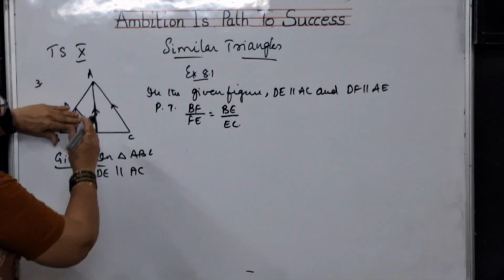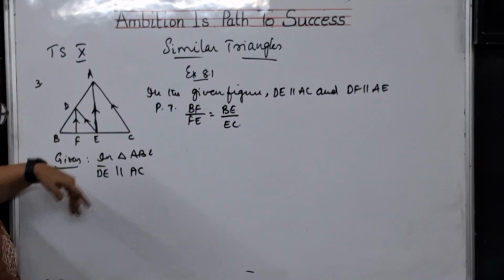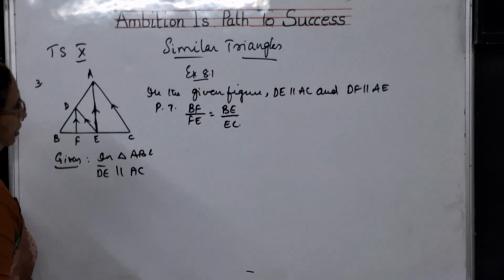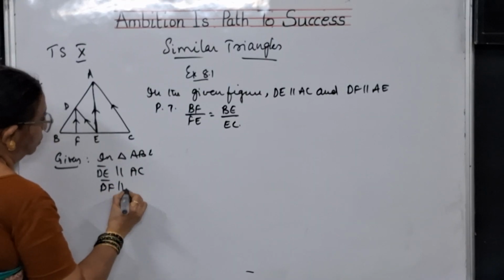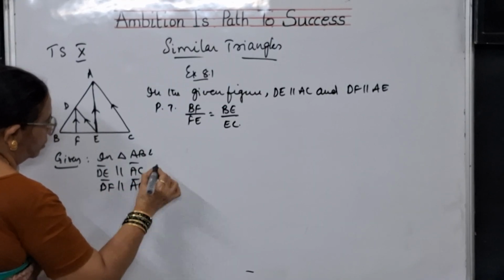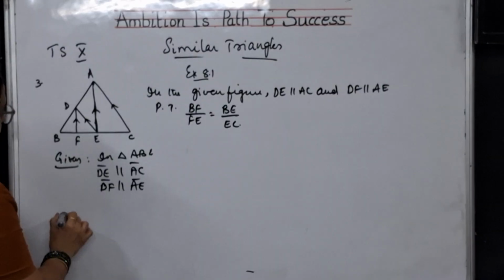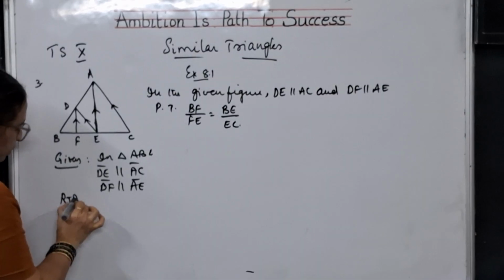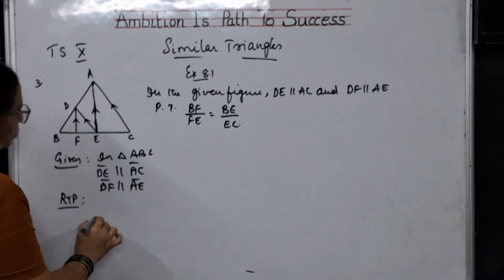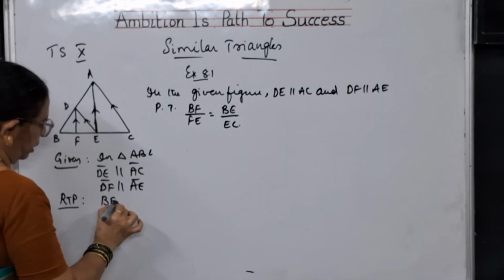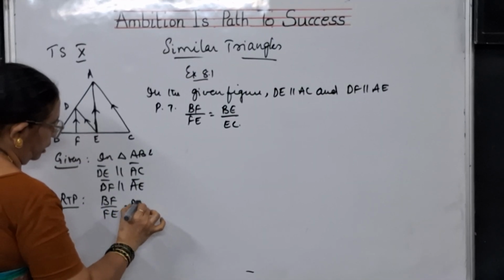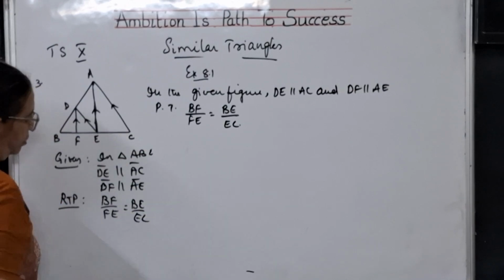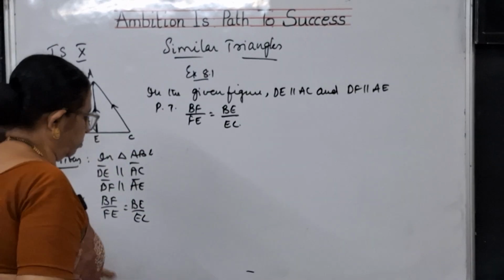Forget about these two. Now let me first write what is given. DE is parallel to AC and DF is parallel to AE. Now RTP. What you require to prove? BF by FE is equal to BE by EC. This you need to prove.